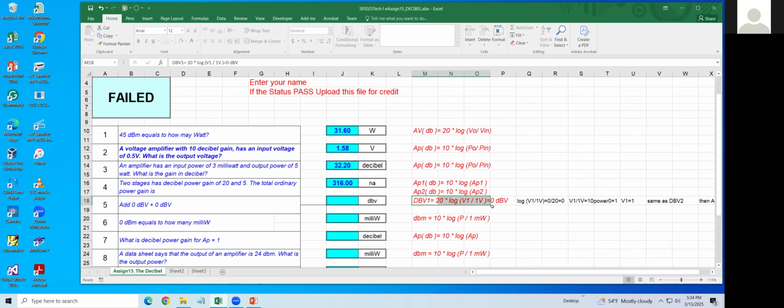And they will be equal 0 dB, 0 dB volt. Okay? Then the log 6.2, perfect. That's the answer. Okay? That's it.